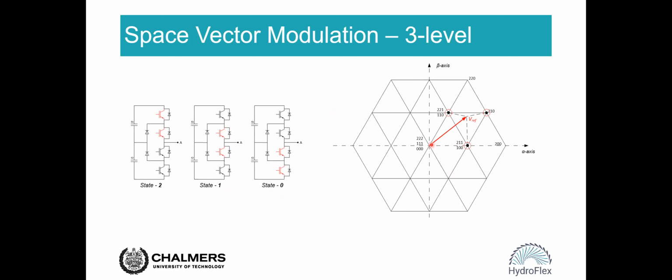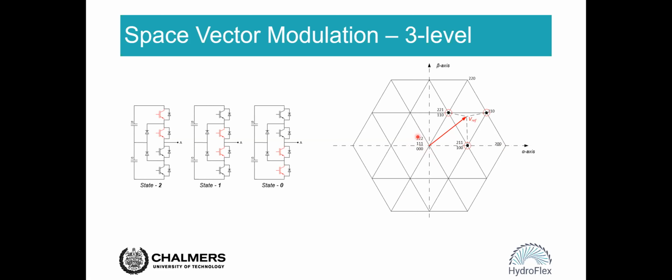If we look at the origin in this alpha beta coordinate, we can see it has 3 switch combinations which can generate this voltage vector. So these 3 voltage vectors, we can call redundant voltage vectors.